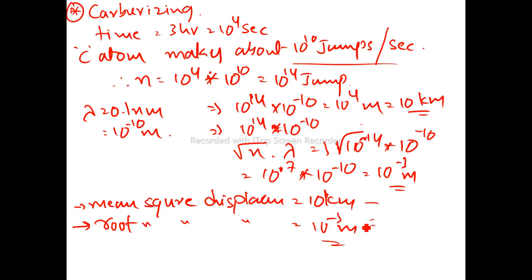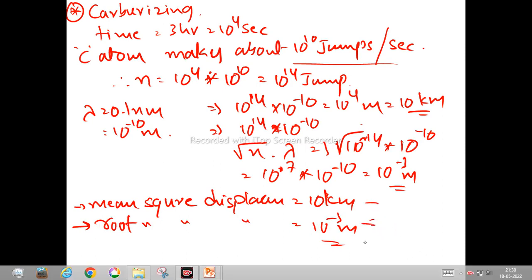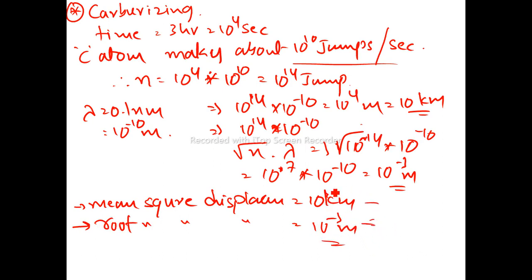So in practice, we know that this is impossible. A 10 kilometer sample is not possible, but we can say 10 to the power of minus 3 meters can be carburized after 3 hours. This is the importance of the root mean square displacement. Thank you.